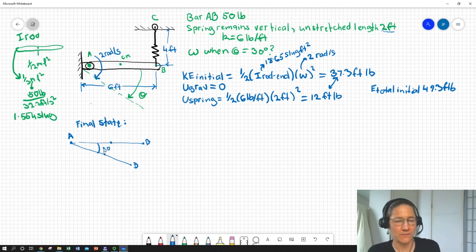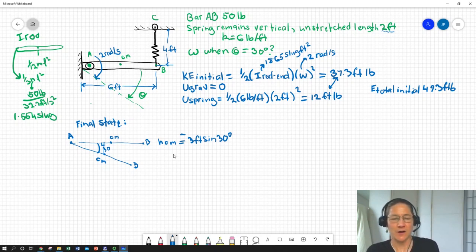So our vertical change for our center of mass, we'll call it H, center of mass, is 3 feet times sine of 30 degrees, and that is negative. So we're going down.